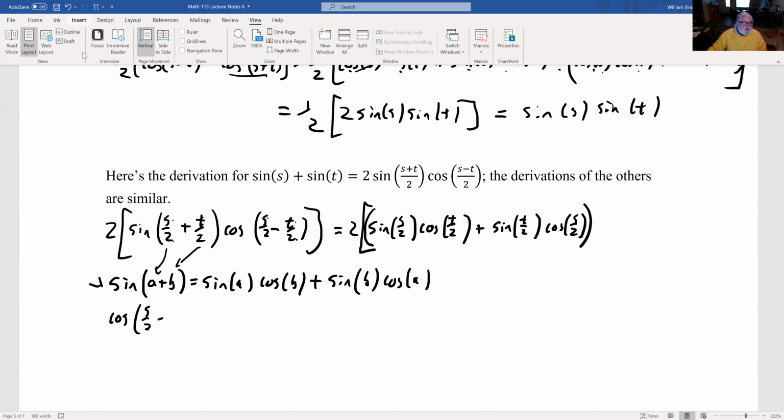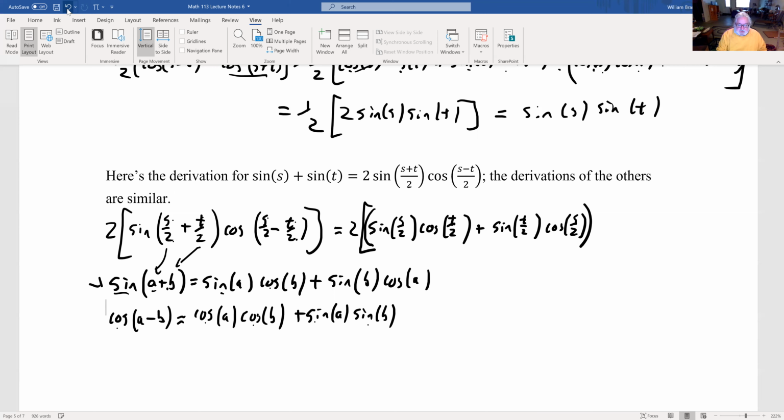The formula for subtraction of cosine functions is cosine of A minus B is cosine of A cosine of B, and then it should be plus sine of A sine of B. Okay, so that's where these are coming from. Sine of two angles added together mixes the sine and cosine. Cosine has the sines and cosines together.